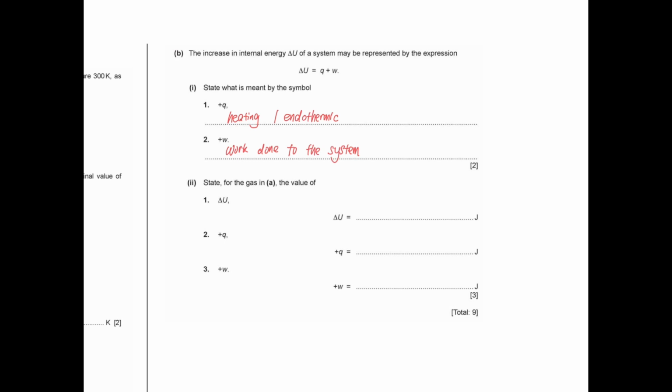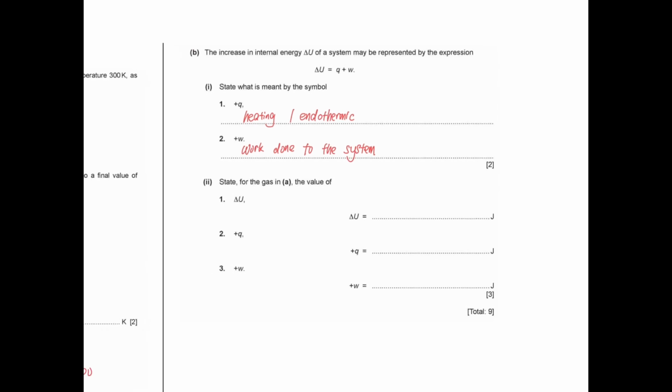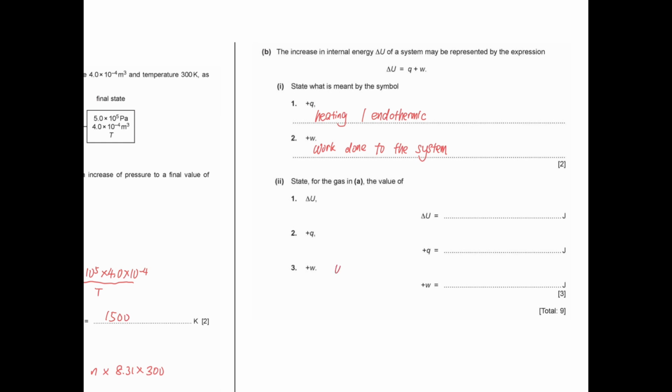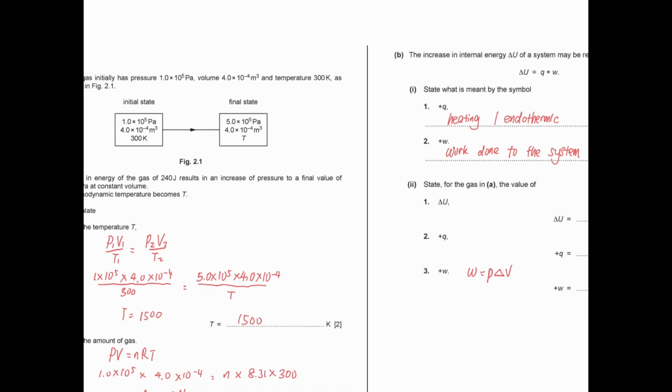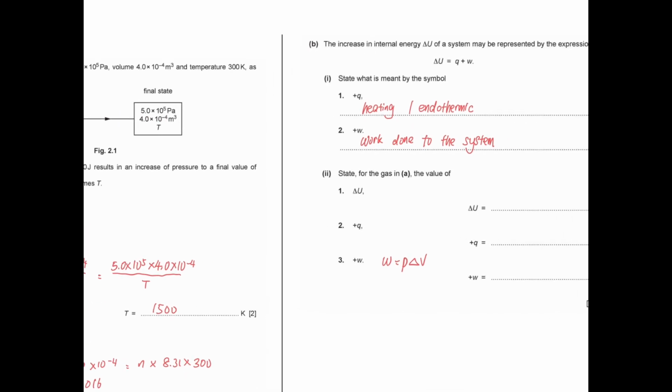Part 2, state for the gas in A the values of delta U, Q and W. Okay, so we start from the easiest one. W equal to P delta V. But we obviously see that there is no change in volume, so we should expect W to be 0.